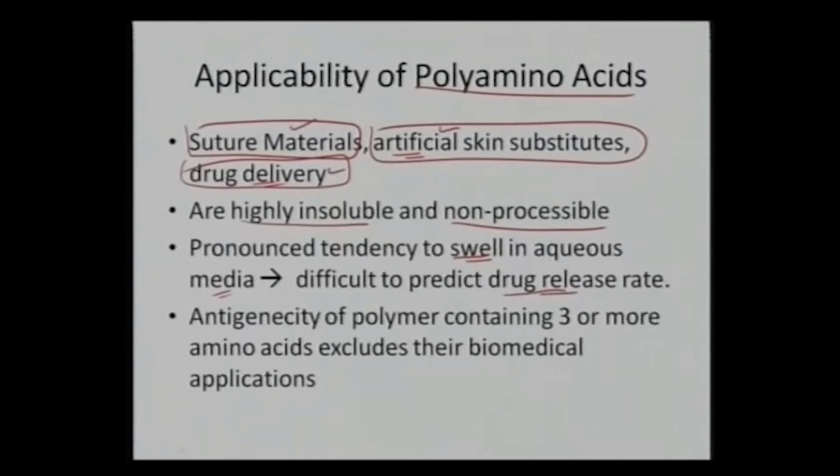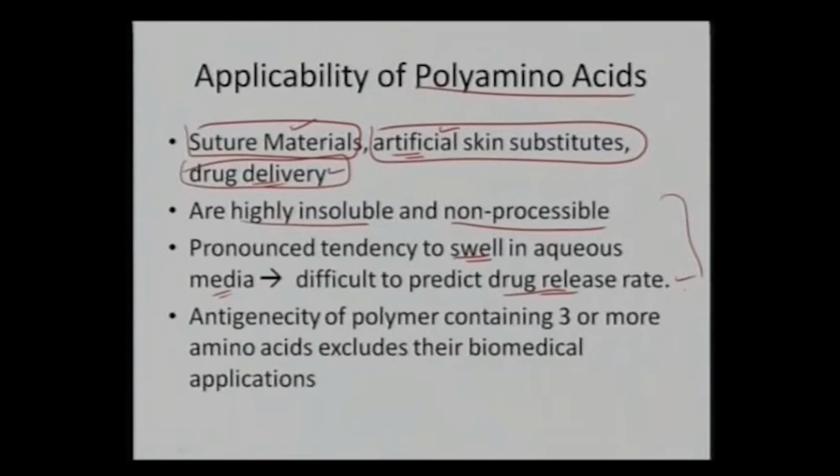So that is the problem with them: they are highly insoluble, which makes them not easily processable, and they tend to swell once they come in contact with aqueous media, and then it becomes very hard to predict the overall drug release rate in the polyamino acid. That has basically limited the overall applicability of these polyamino acids.